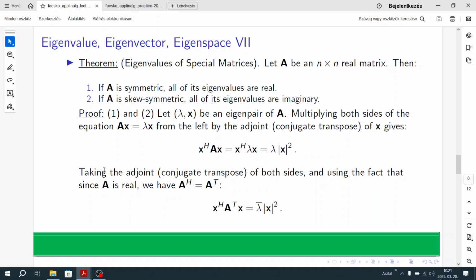Here there are more. If it's a symmetric n times n square matrix, then the eigenvalues are real. If it's skew symmetric or antisymmetric, then the eigenvalues are imaginary. And have you learned the complex numbers?